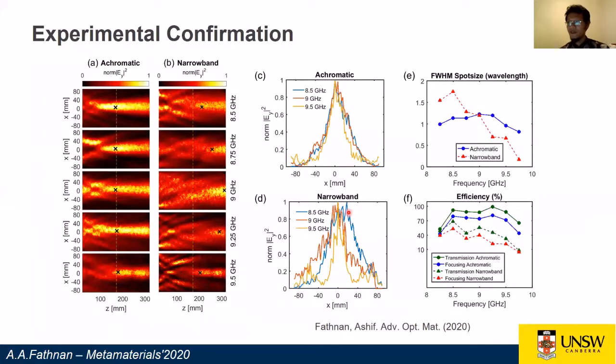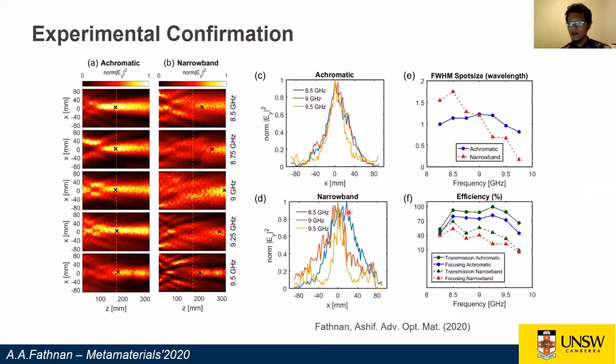And here are the scattered field measurement results, where both the achromatic design and the narrowband design are shown. 5 different frequencies are plotted, in which the achromatic metasurface has a clear focusing operation with minimal focal length variation from 8.5 to 9.5 GHz. In contrast, the narrowband design has a distorted focusing operation with strong focal length variation within the bandwidth.